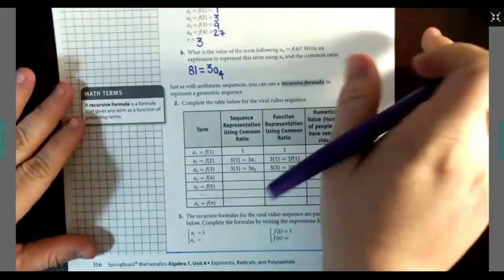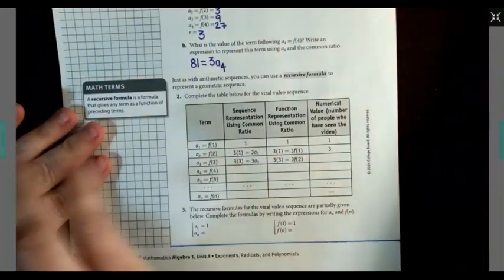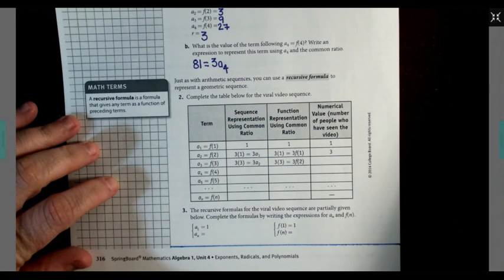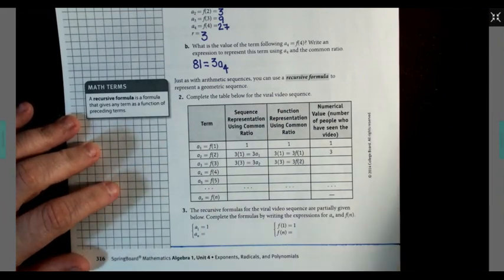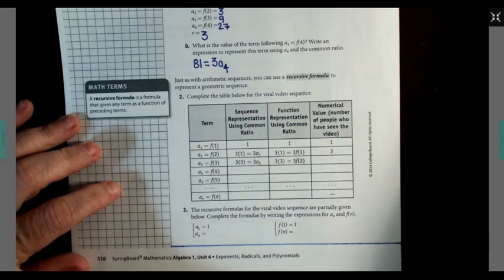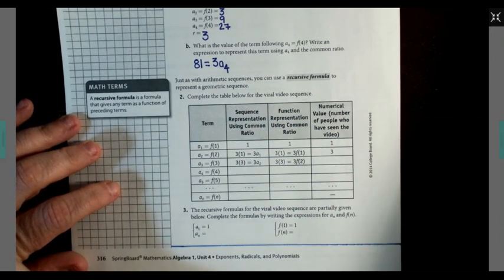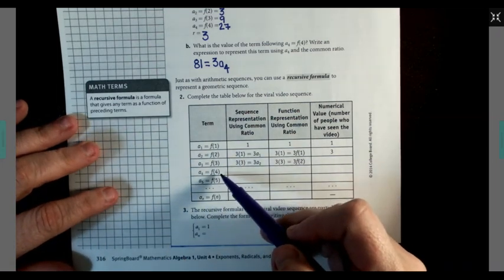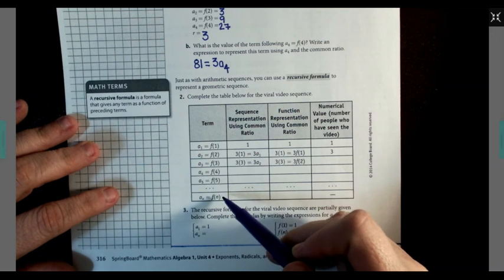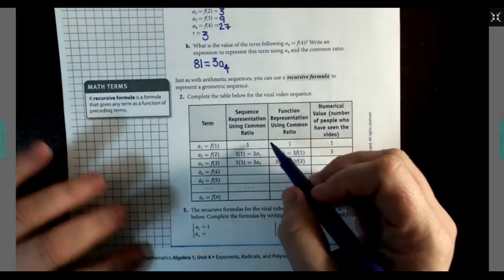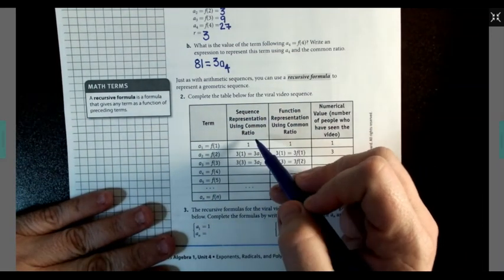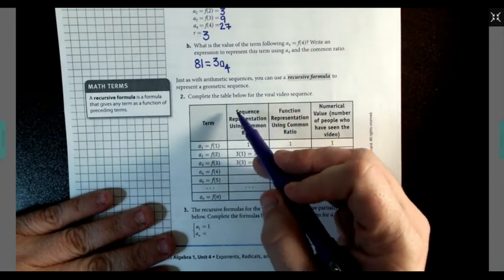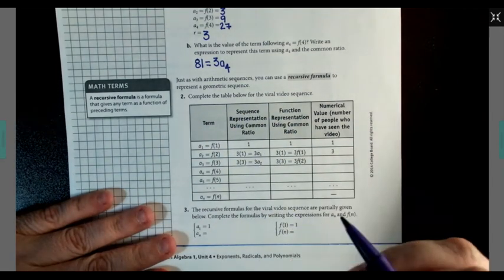Prelude to number 2 says, just as with arithmetic sequence, you can use recursive formula to represent a geometric sequence. Complete the table below for a viral video sequence. Term is f of 1, f of 2, f of 3, f of 4, f of 5, and so on, right? It says sequence using sequence representation, which is the a subs.